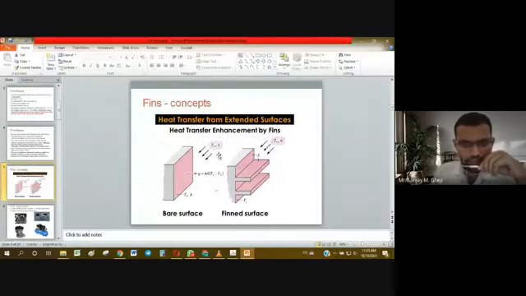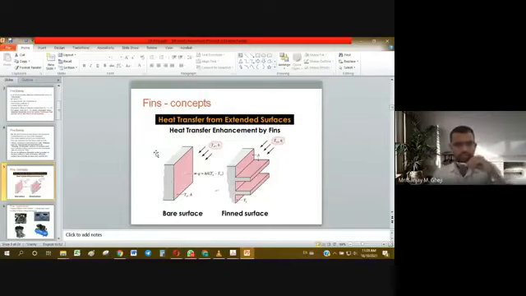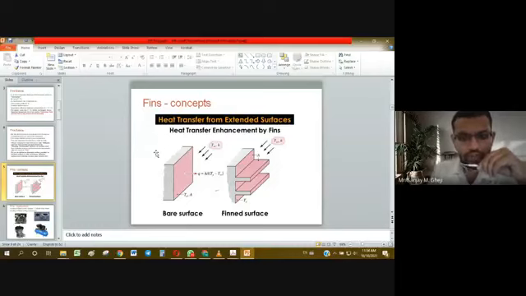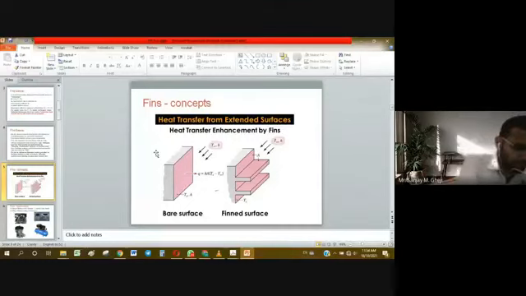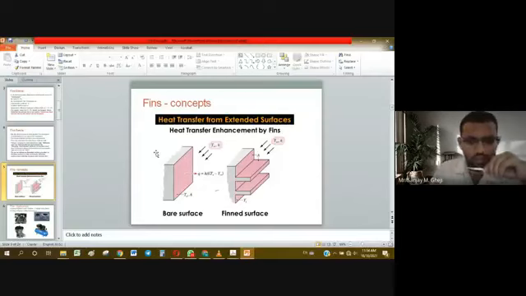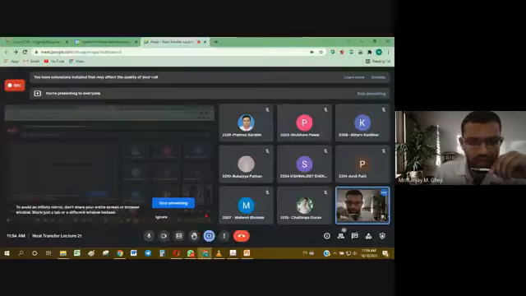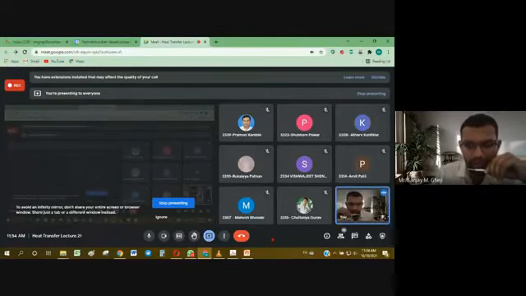So as you can see in the diagram, or rather on your slide, on your screen. Okay. So we are talking about the fins. Fins are actually the extended surfaces, and why do we provide extended surfaces or fins? The basic idea is to have more rate of heat transfer, or increased rate of heat transfer, within the given conditions or within the given geometry.